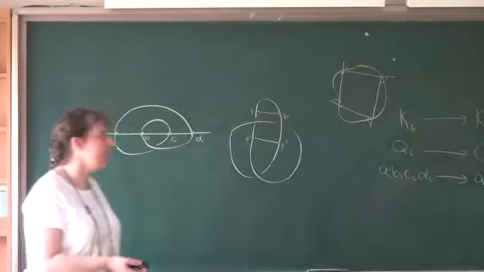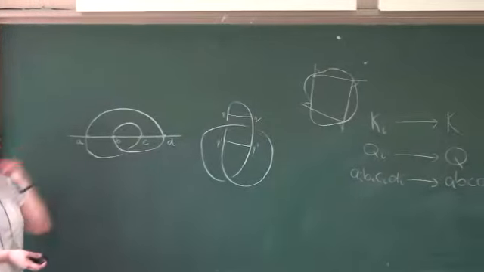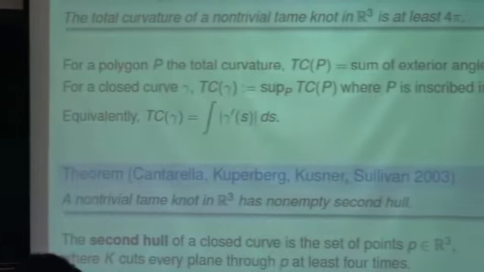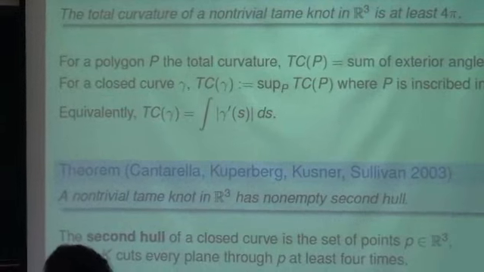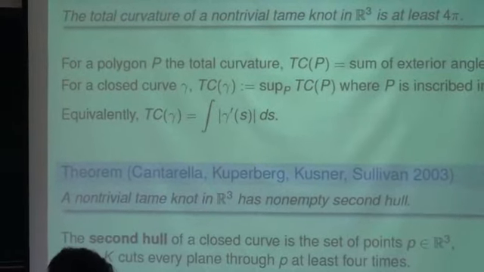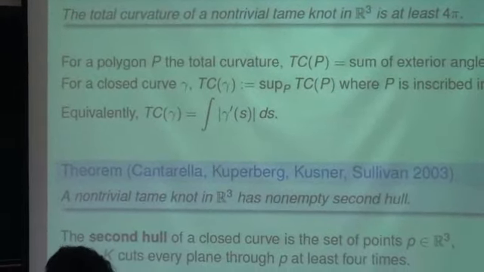And so why is this true? Why does the existence of alternating quadrisecants imply this result? Here is an alternating quadrisecant. It's a very inscribed polygon.